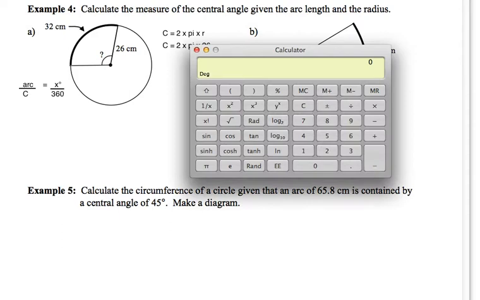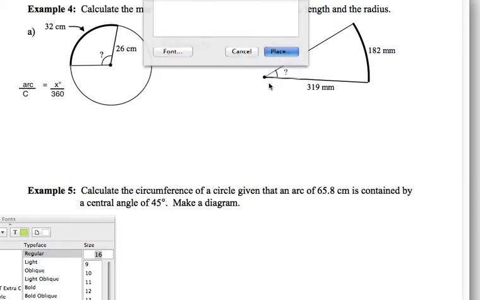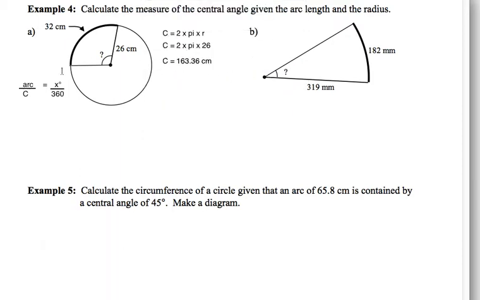Let's do that. 2 times pi times 26 gives me 163.36. So that's my circumference: 163.36 centimeters.